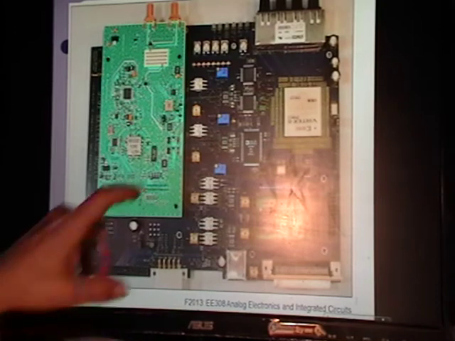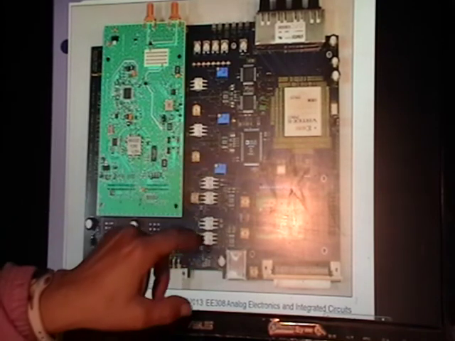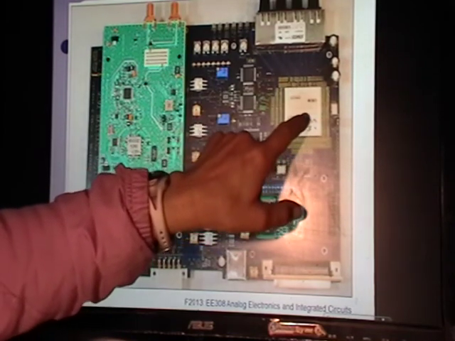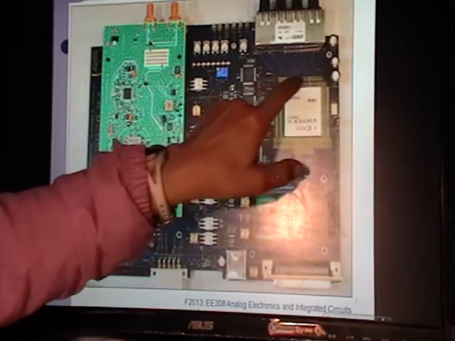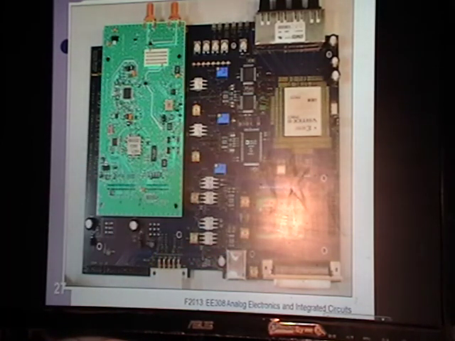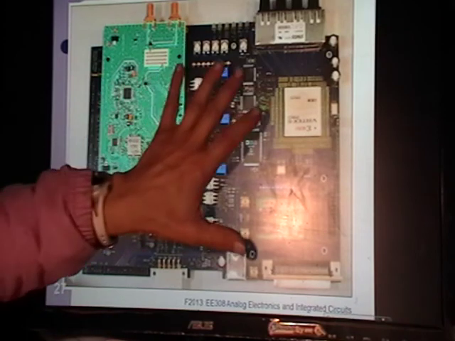Well, this is a board I built before I came to Cal Poly, and we used a Xilinx chip on the board, and all of this stuff around here, those are all capacitors. I think there were like 400, 600 capacitors that we used on the supplies to keep the supplies quiet. So we have analog and digital on the same board here.